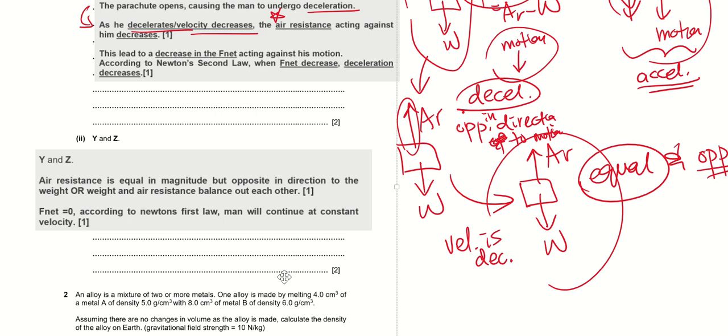Y and z, the air resistance is equal in magnitude but opposite in direction. Alright, so Fnet is equal to 0. So according to Newton's first law, he will move with constant velocity.